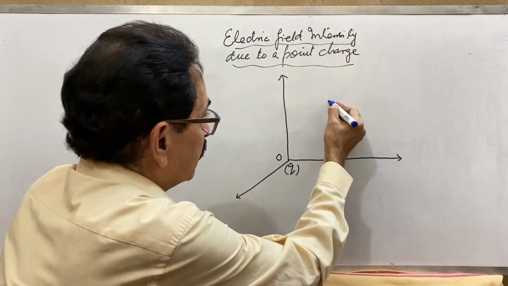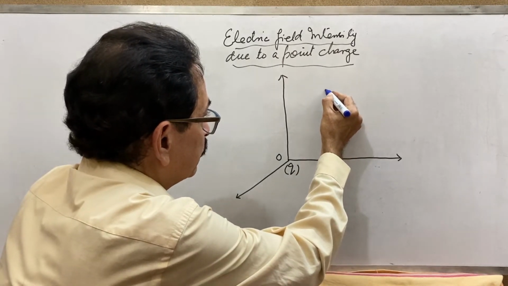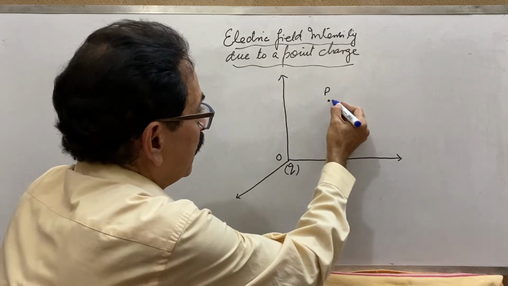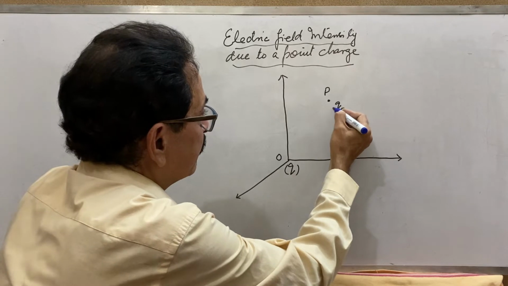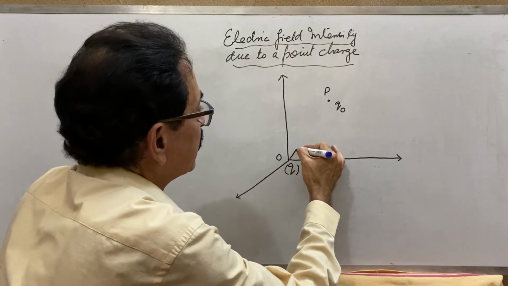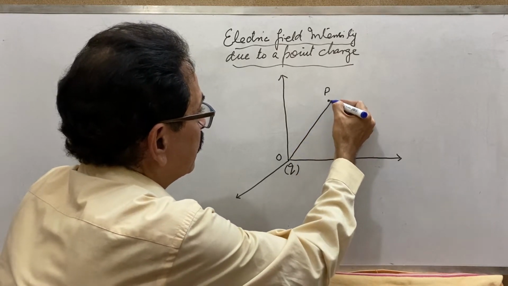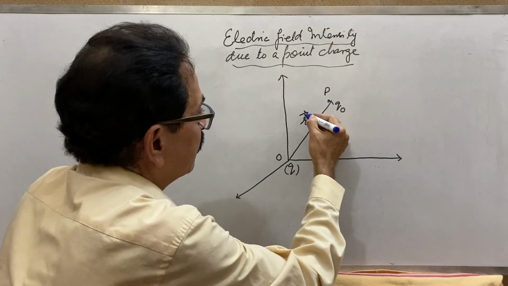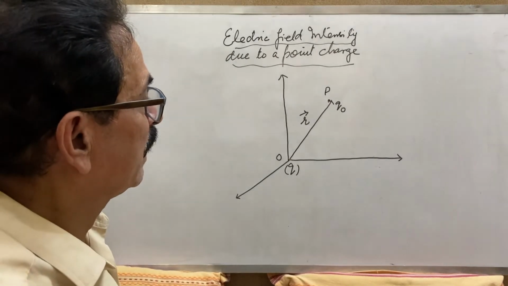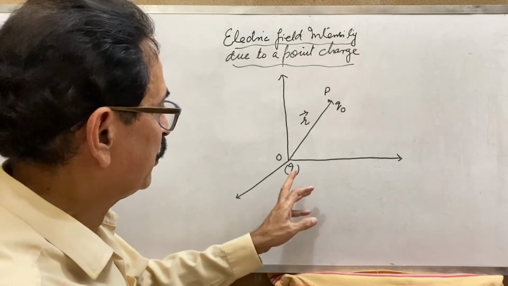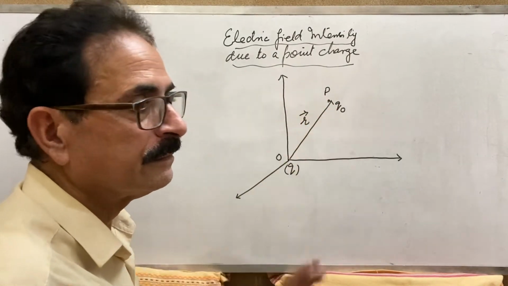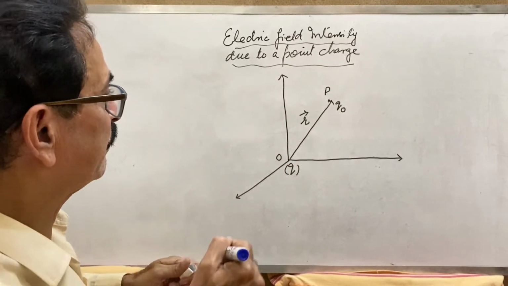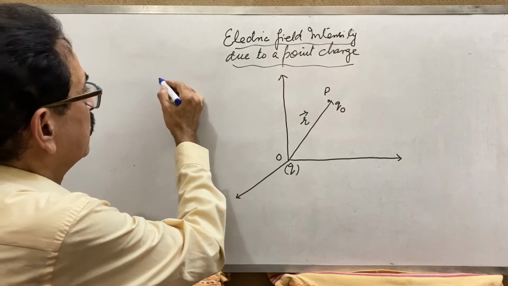And here we take any point P where a test charge Q naught lies, such that OP is nothing but the position vector R. These two charges, Q and Q naught, interact with each other with a force given by Coulomb's law.